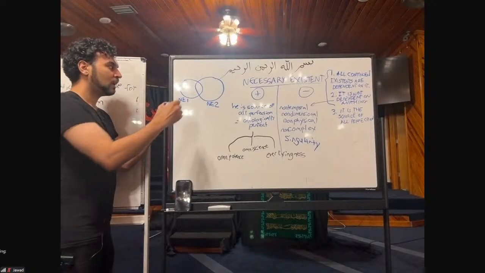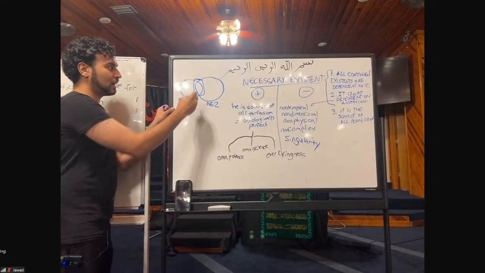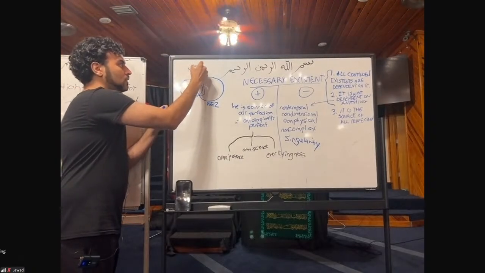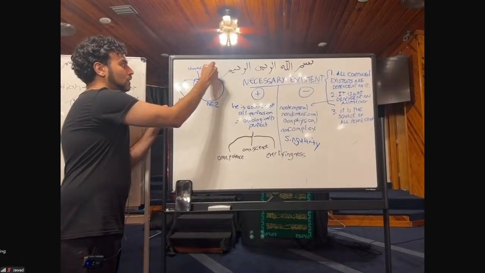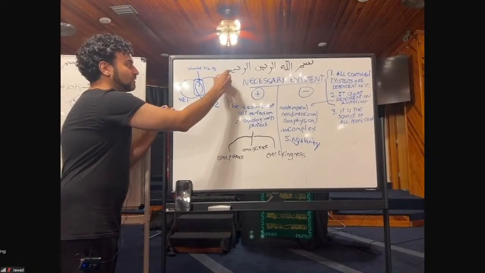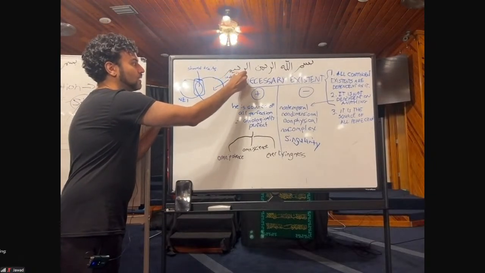There's going to be an area where they share traits, right? If you think of it like a Venn diagram, this area in the middle is where these are shared traits. And then these are traits that make them independent of each other, independent traits.